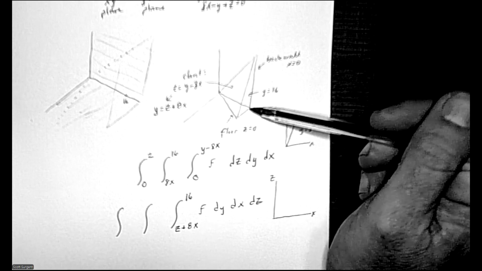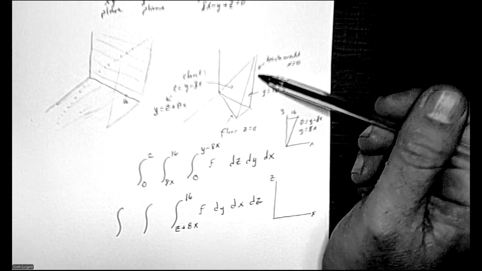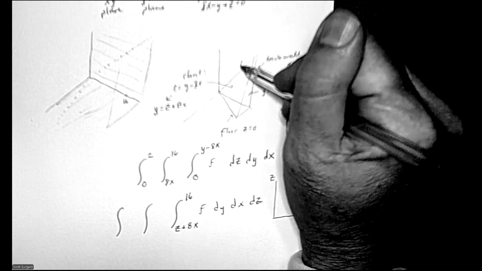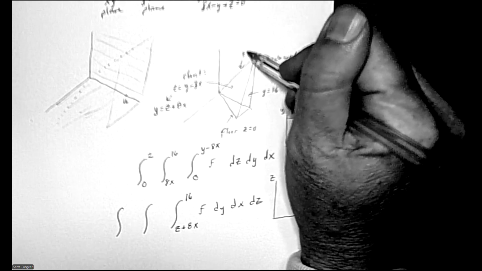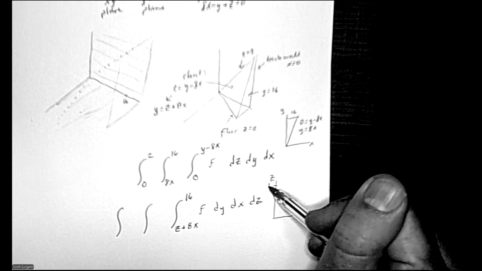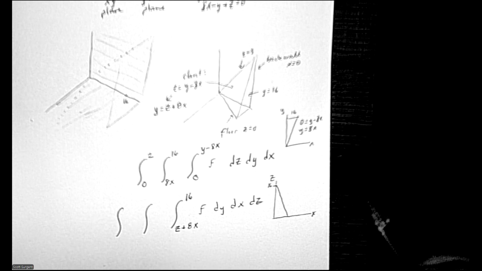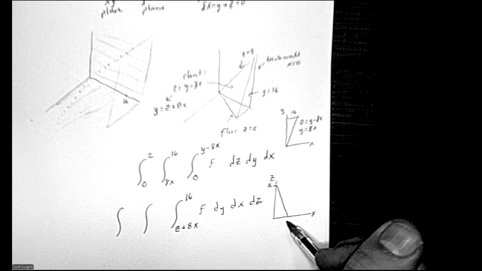I've got to be careful here. It's a triangle. We know that this is the line z equals y, so that'll also be a 16. It's going to be a triangle like this, and we already established this will be a 2.